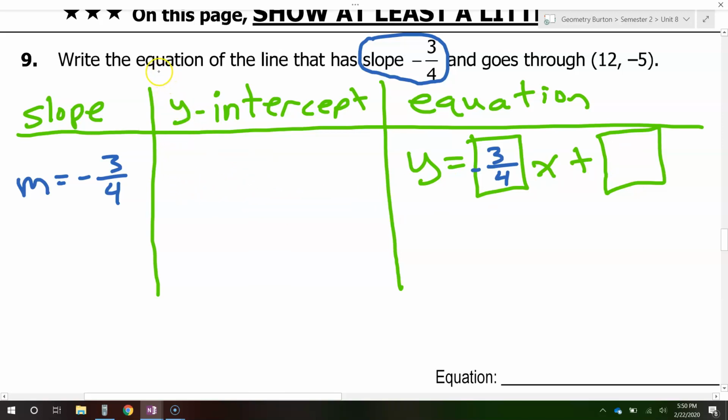So when we're finding the y-intercept, in the back of our mind, we're thinking y equals mx plus b. We're just going to plug in y, m, and x. This is x and this is y. So the y value is -5. So that's why I start off with -5 equals. The m is what we just found, -3/4.